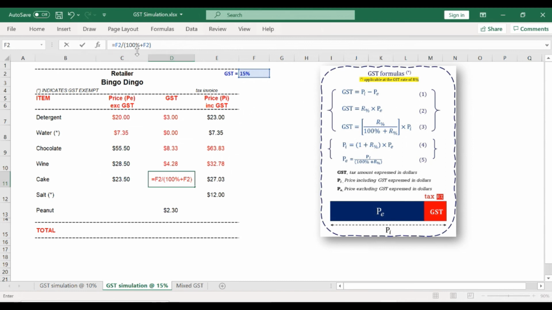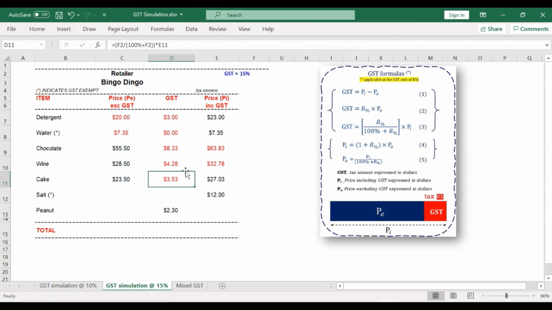So to make sure that the calculation is correct, I have to have another bracket on the left-hand side and another bracket on the right-hand side, and then multiply the whole lot by the price including GST. Okay, it's $3.53.